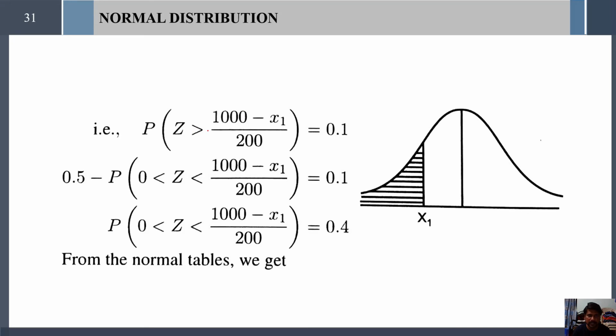That means 0.5 minus the probability of 0 less than z less than 1000 minus x1 divided by 200 equals 0.1. Taking 0.5 to the right hand side and adjusting, the probability of 0 less than z less than 1000 minus x1 divided by 200 equals 0.4.